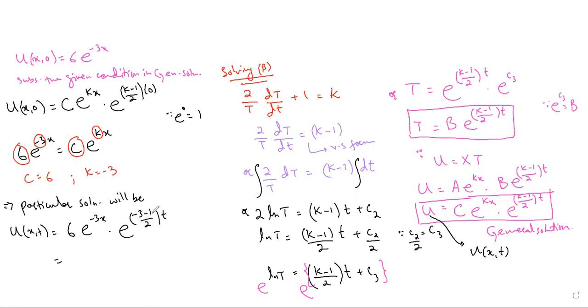So you will have minus 4 divided by 2, which becomes minus 2. So u of x and t is 6 into exponent of minus 3x into exponent of minus 2t. There is no arbitrary constant here. So this will be the particular solution of the given differential equation.